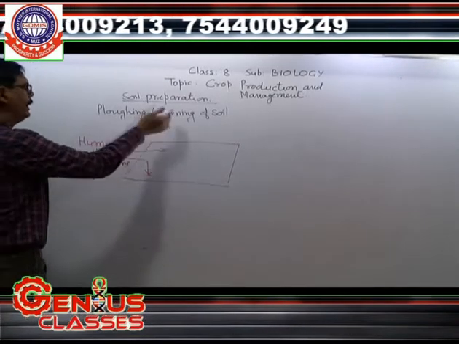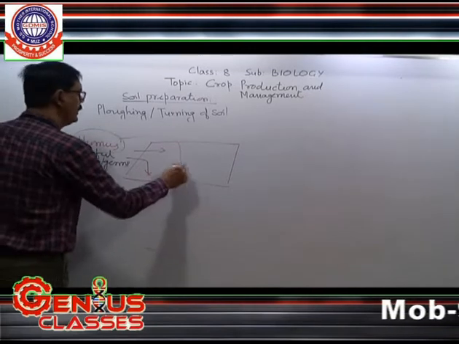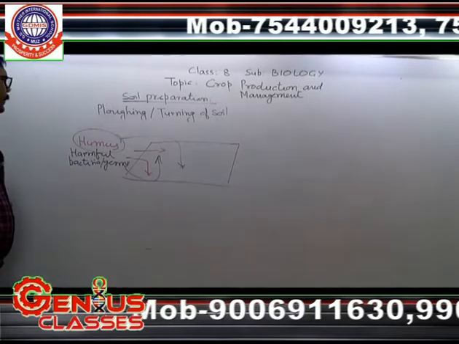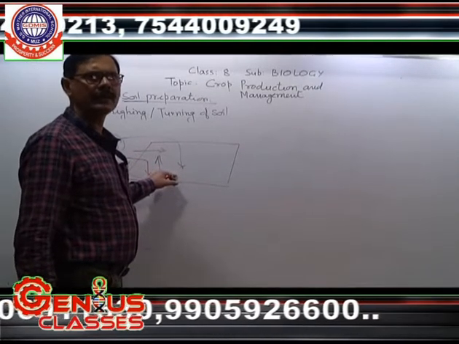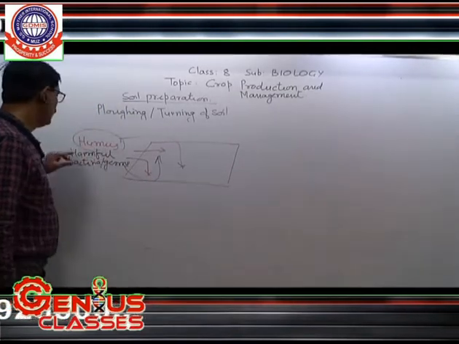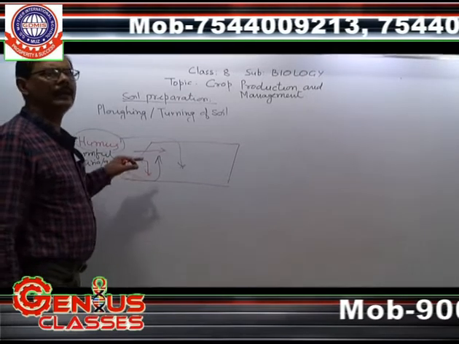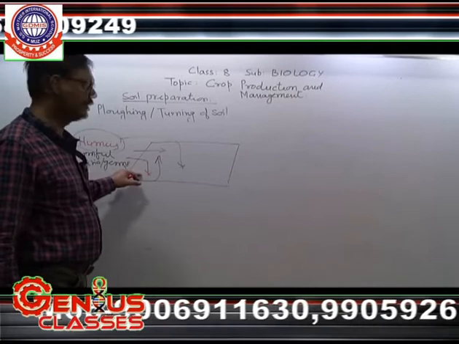So, while turning it, this humus goes inside and they come up. Humus contains lots of nutrients which go under the soil, while these harmful germs come up and are killed by the sunlight or energy from the sun.